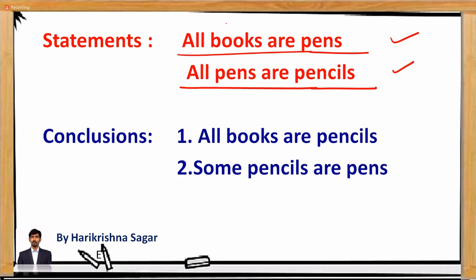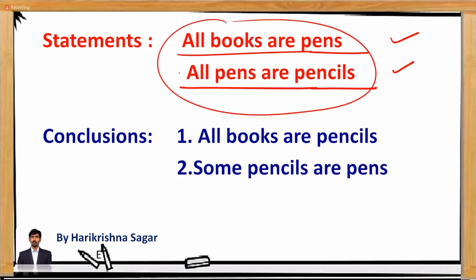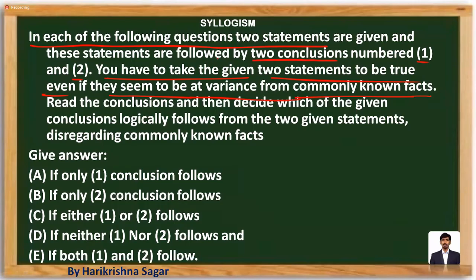Whatever statements they give, you have to treat them as fact, as per the given information. Why? Because you might have a question: sir, how come books will become pens? How come pens will become pencils? That's the reason they just gave this statement. So what you have to remember is that the given statements are going to be true.